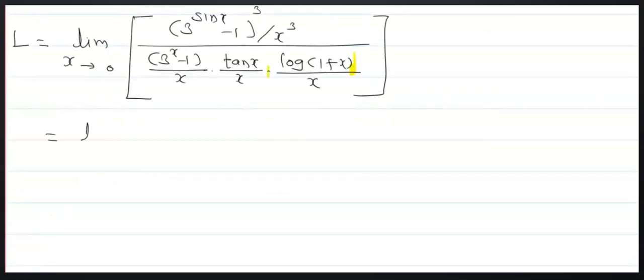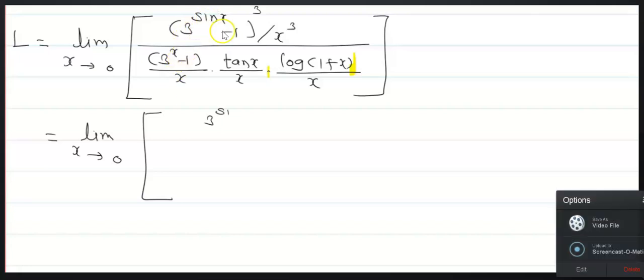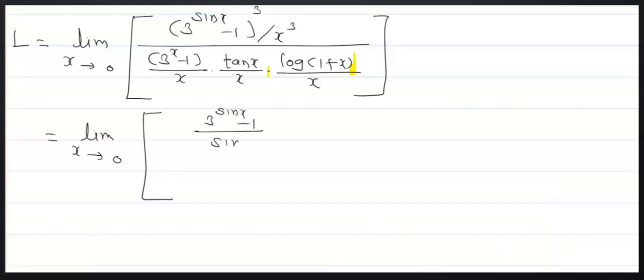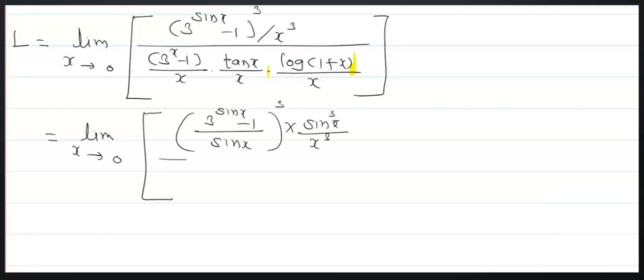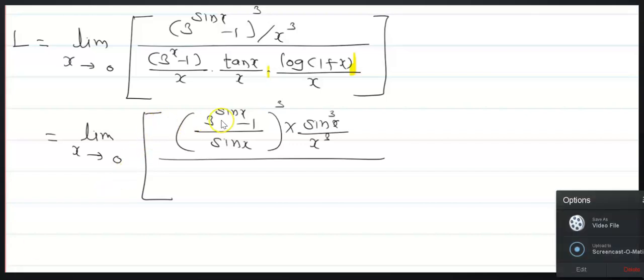Now the limit here, that is (3 raised to sin x minus 1) bracket cube upon x cube, (3 raised to x minus 1) upon x into tan of x upon x into log of (1 plus x) upon x. That is, divide numerator and denominator by x cube and split up this x cube, so x, x and x. Therefore, (3 raised to sin x minus 1 upon sin x) bracket cube into sin of x upon x cube. Now here is a 3 raised to x.